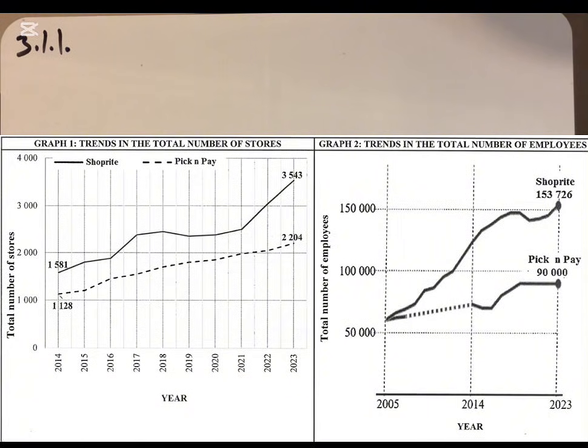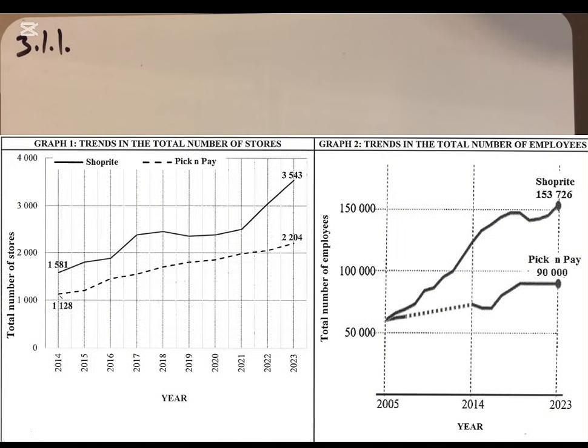We move like that. The graph was going up and down, up and down. Forward to 2023, ShopRite had 3,543 stores, while Pick n Pay had 2,204 stores.